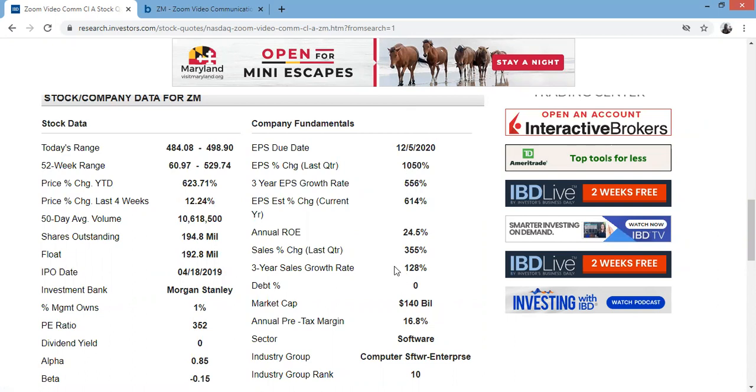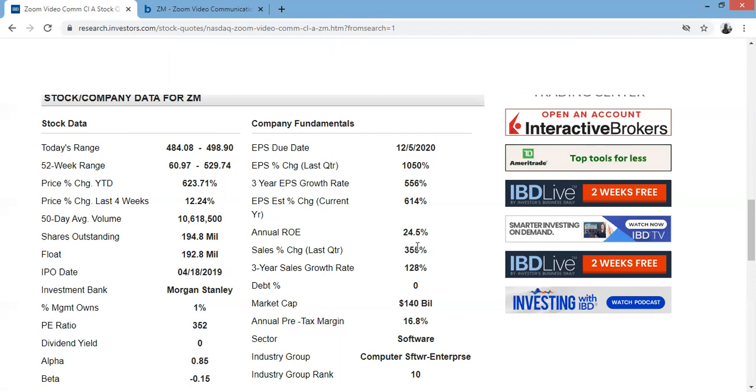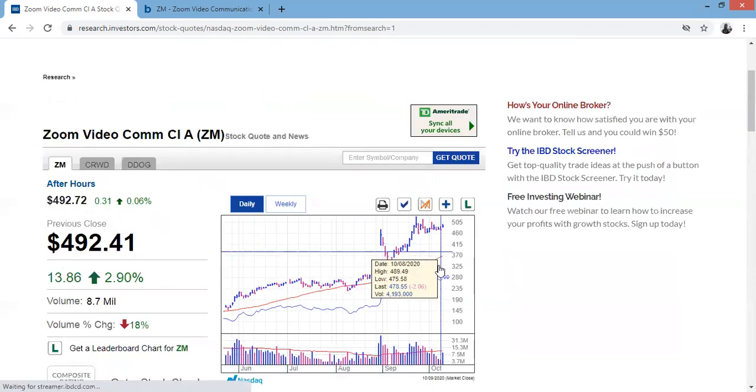Earnings per share and sales growth, you get the most movement in your stock when these two categories are at least 25% or above. And as you can see, with their EPS over 1,000% and sales over 355%, there's no wonder why the stock has been moving up the way that it has.